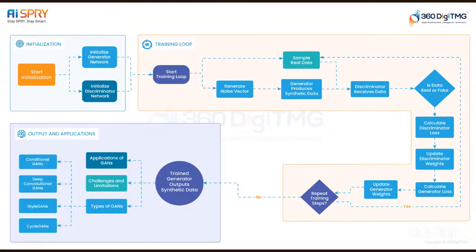These two networks have opposing roles or opposing goals. The generator wants to fool the discriminator, and the discriminator wants to catch the generator's fake or synthetic images. So the game is between generator and discriminator.